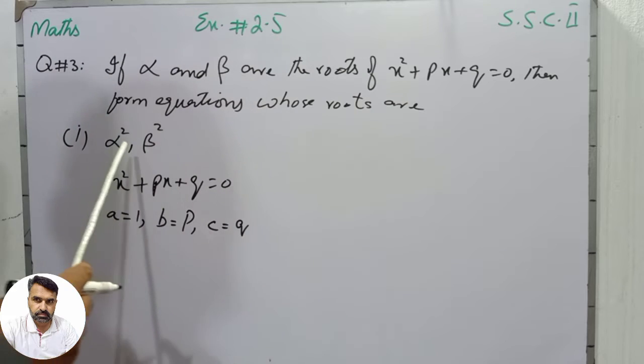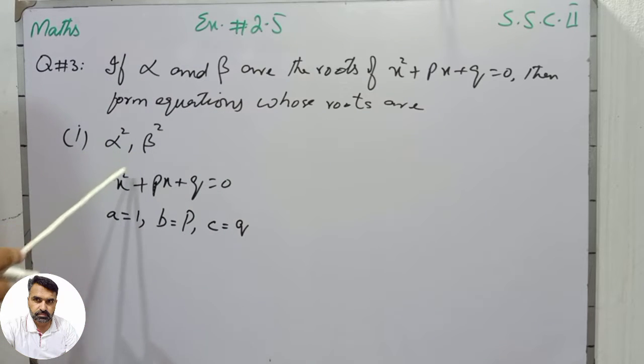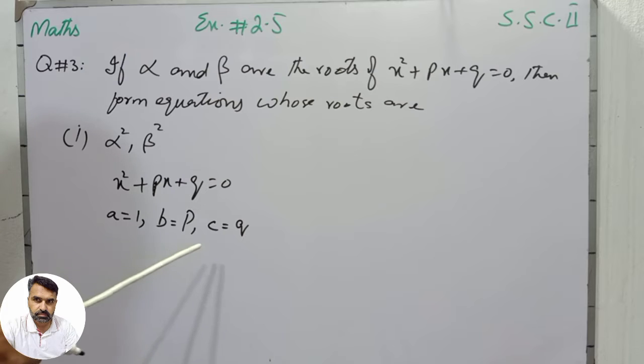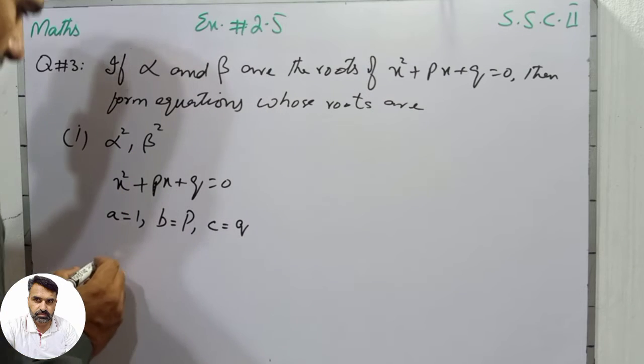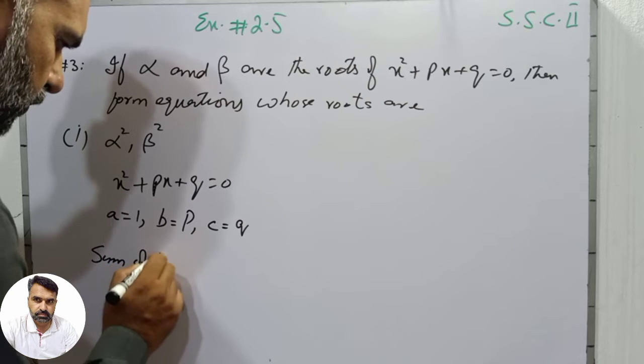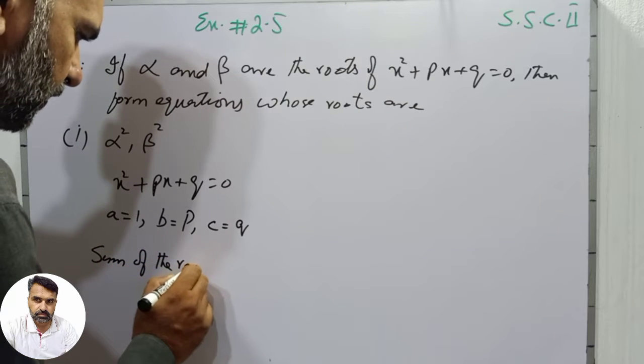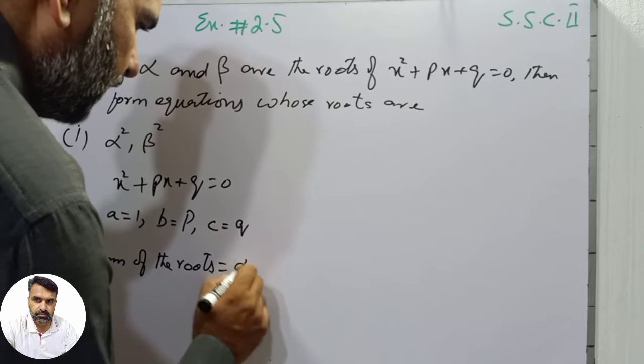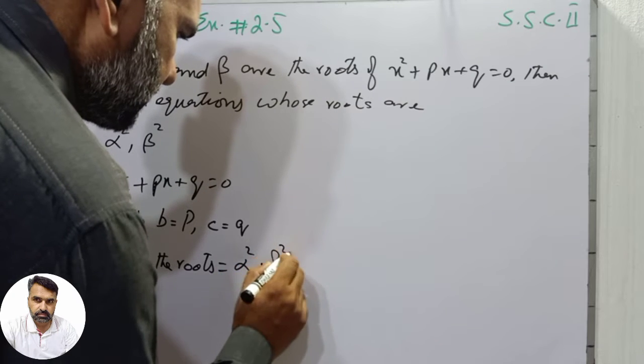So students, first we will find the sum of the roots and then the product of the roots, and then we will put the values of sum and product. So students, the sum will be the sum of the roots, that will be alpha square plus beta square.